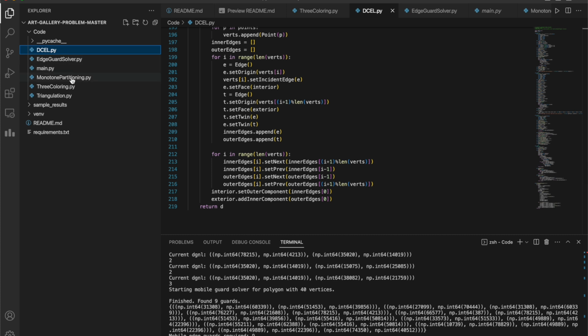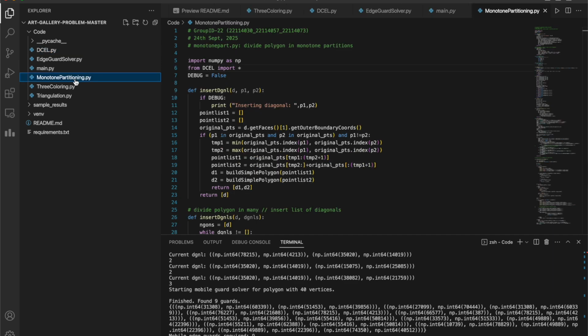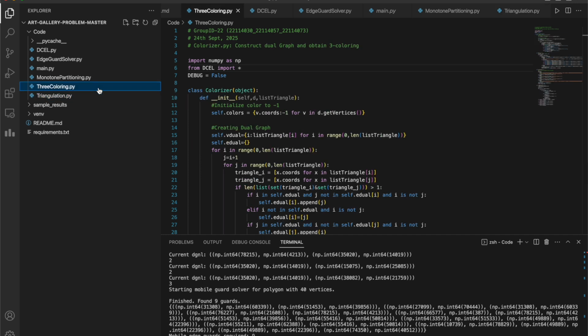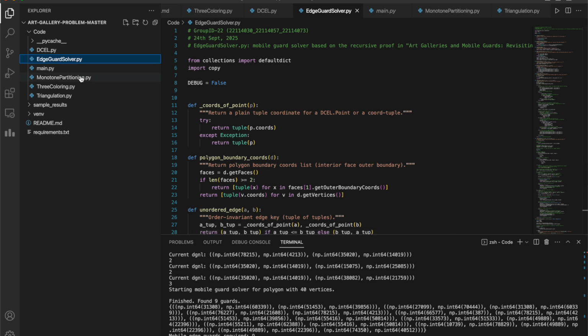Then we have the monotone partitioning module, which partitions the polygons. Then triangulation, which handles triangulation of monotone polygons. We have three coloring, which builds the dual graph, performs three coloring, and selects the vertex guards. And this is our extension implementing the mobile edge guard algorithm.